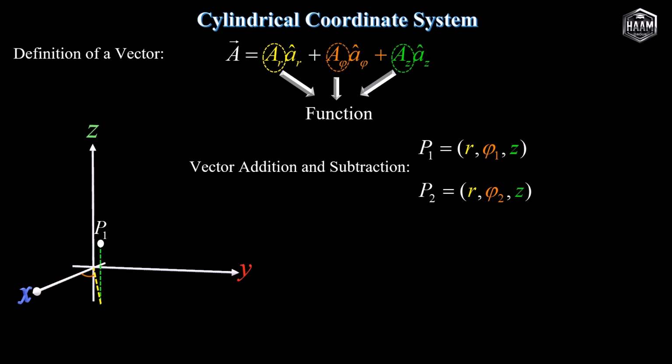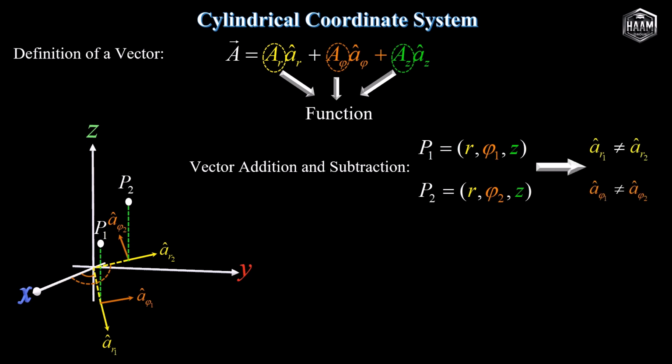If we consider point P1 as the baseline, the unit vector a hat sub r1 and the unit vector a hat sub phi1 must be oriented accordingly. However, if point P2 is taken as the baseline, the unit vector a hat sub r2 and the unit vector a hat sub phi2 are oriented differently.